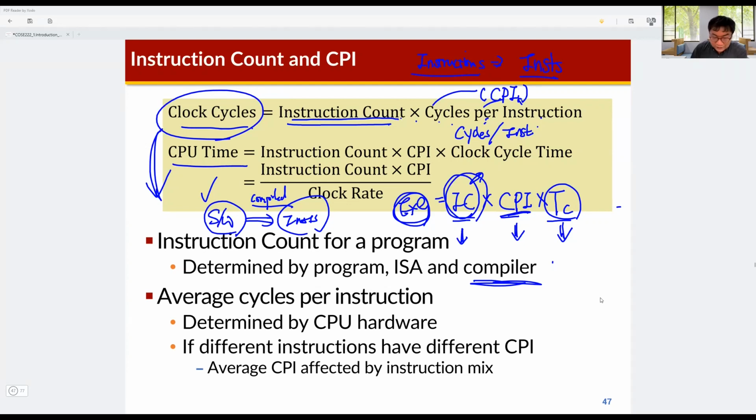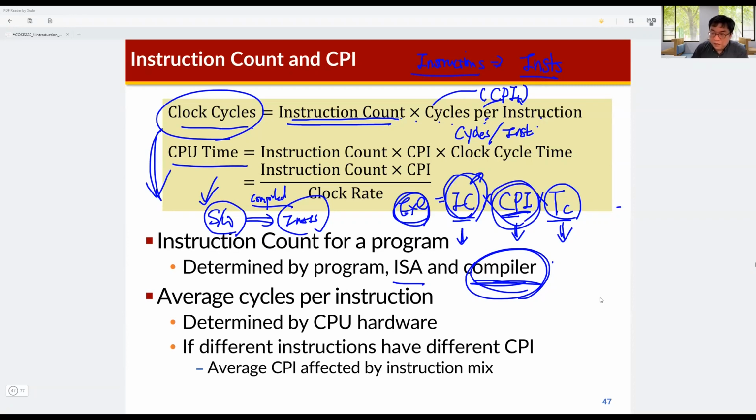This instruction count is determined by software, instruction set architecture, and compiler. So in order to reduce the instruction count, first we need to design good software, or a good instruction set architecture, or a good compiler. Okay, and then let's focus on the CPI.